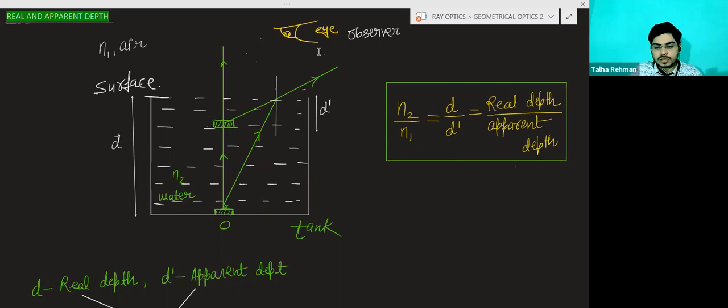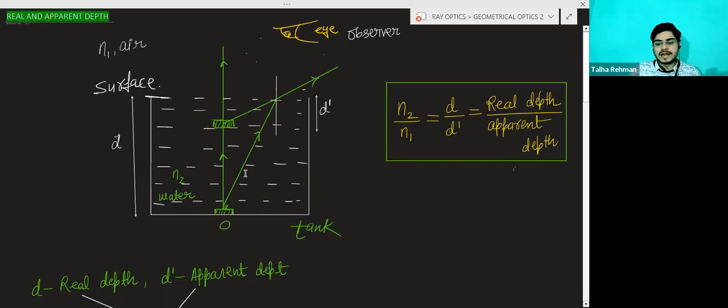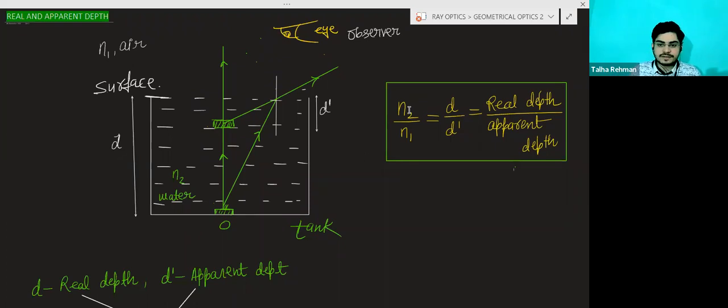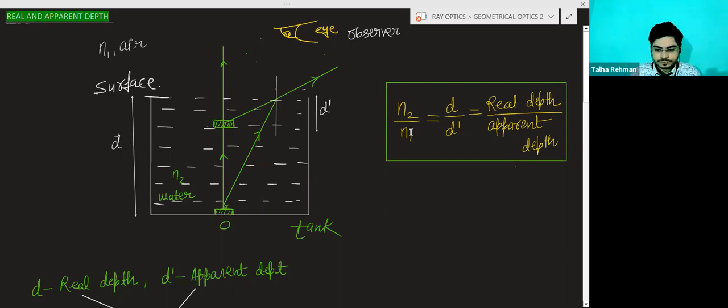Number one, N2 is the refractive index of the medium from where the light is coming, and N1 is the refractive index of the medium in which the light is going. Another thing, all the distances you will measure from the surface: D you will take from the surface, and D dash also from the surface, or you can say the interface between the two media.